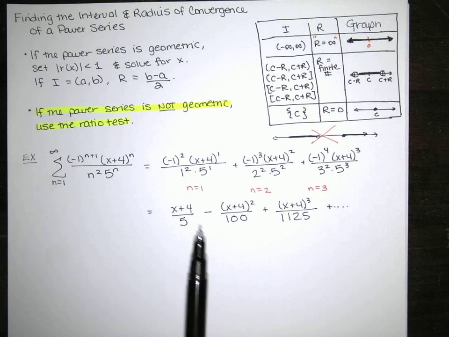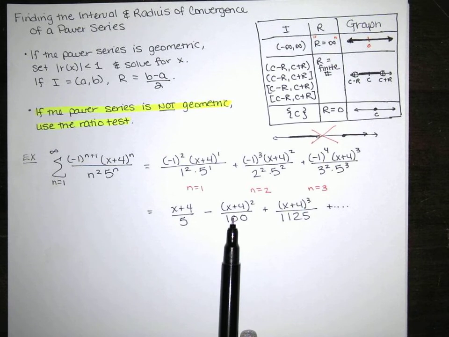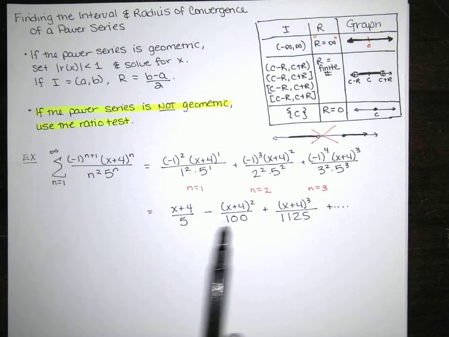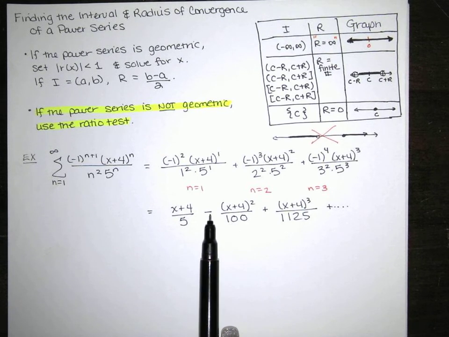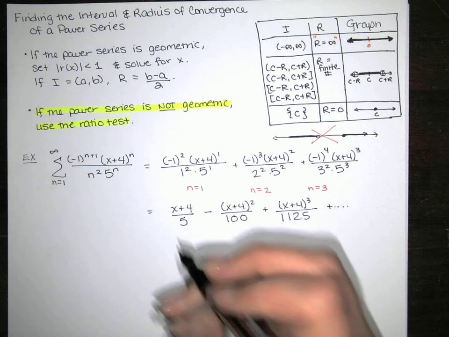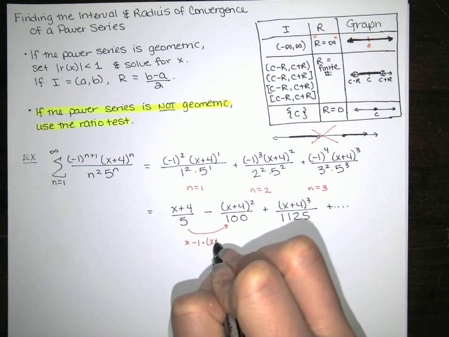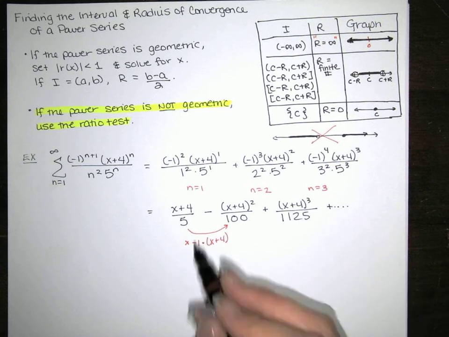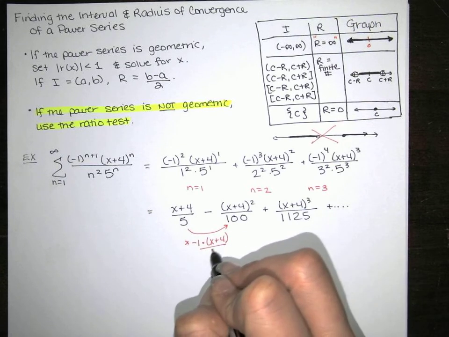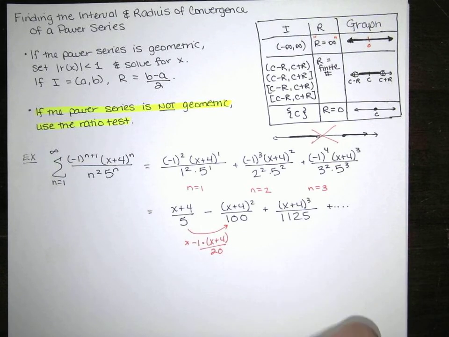Now I ask myself, to get from here to here, what do I multiply by? Well, I can see I've had to multiply by a negative 1 and an x plus 4 in the numerator. And 5 times 20 gives me 100, so a 20 in the denominator.